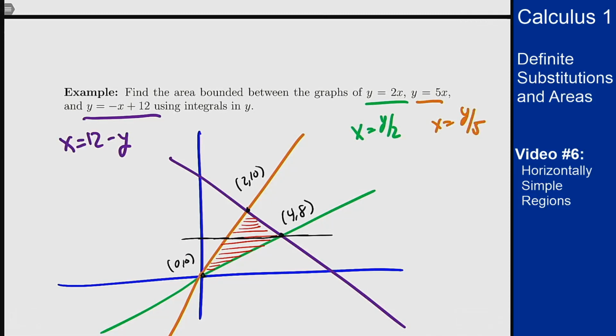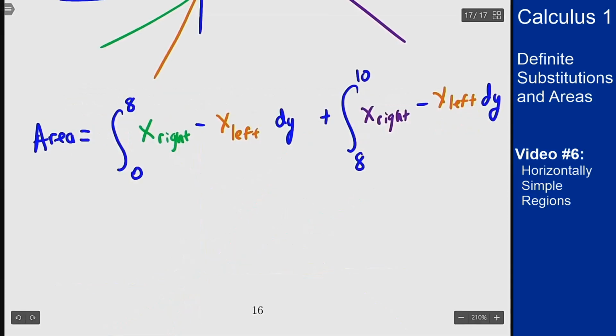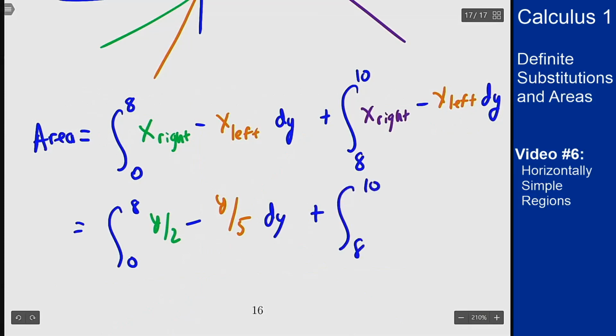So now I can plug all of those into my expressions and then solve out the problem just like I had done before. So my area should be the integral from 0 to 8 of, for blue, y over 2 minus the orange, which was y over 5, plus the integral from 8 to 10 of this one, which was 12 minus y over 5 again. And now we're just going to solve this out.